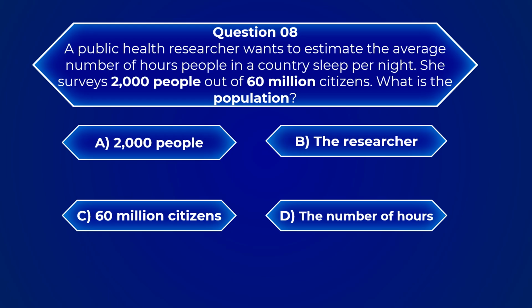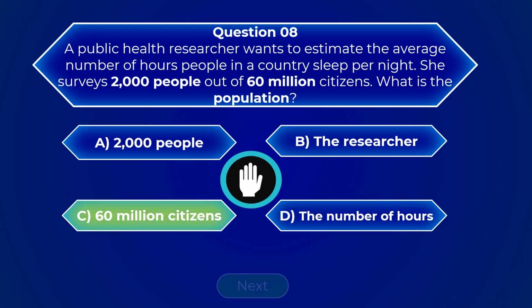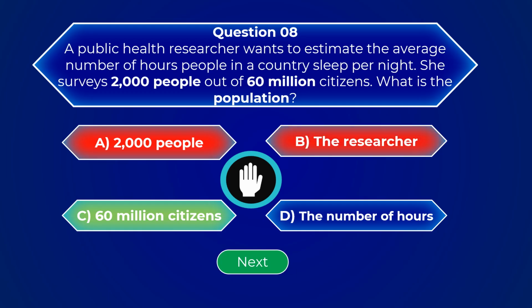Or the answer D, the number of hours. Of course, our population is 60 million citizens. So here the 2,000 people is our sample and 60 million citizens is our population. It is not the researcher and it is not the number of hours.